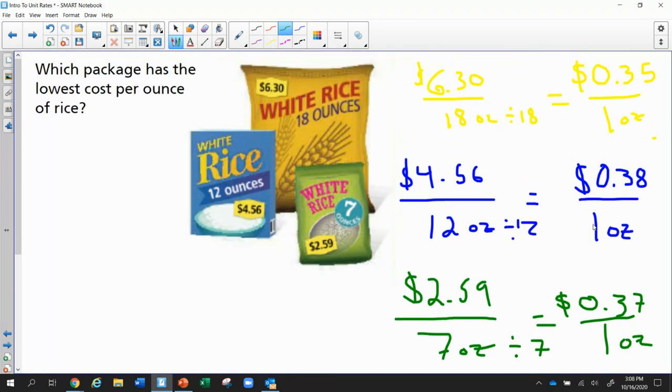Now, looking at which one is the cheapest, we can easily see the 35 cents per 1 ounce. The biggest bag is the cheapest. So the package that has the lowest cost per ounce of rice is the 18-ounce package. You get the most rice for the least amount of money.